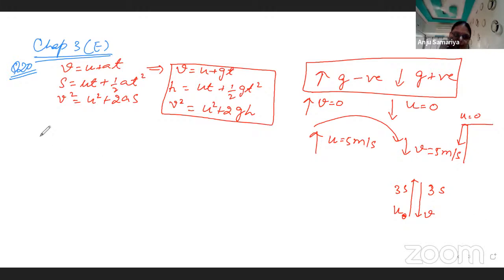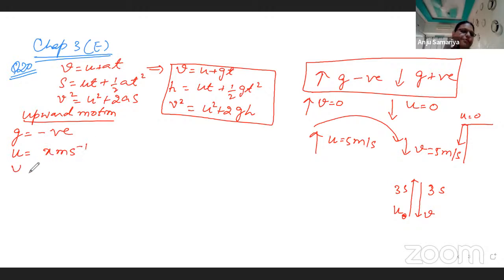So when a body is thrown up, g is negative. Upward motion: g is negative, U will be anything, let's say X meter per second, and V will always be 0.